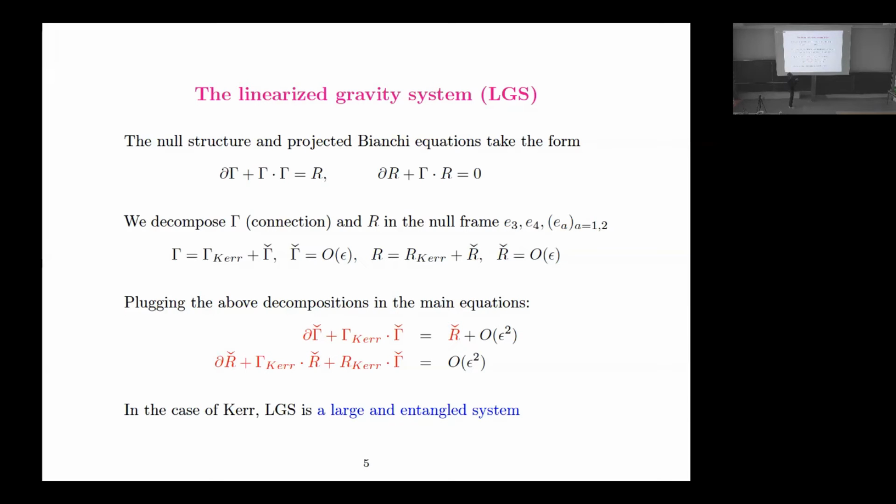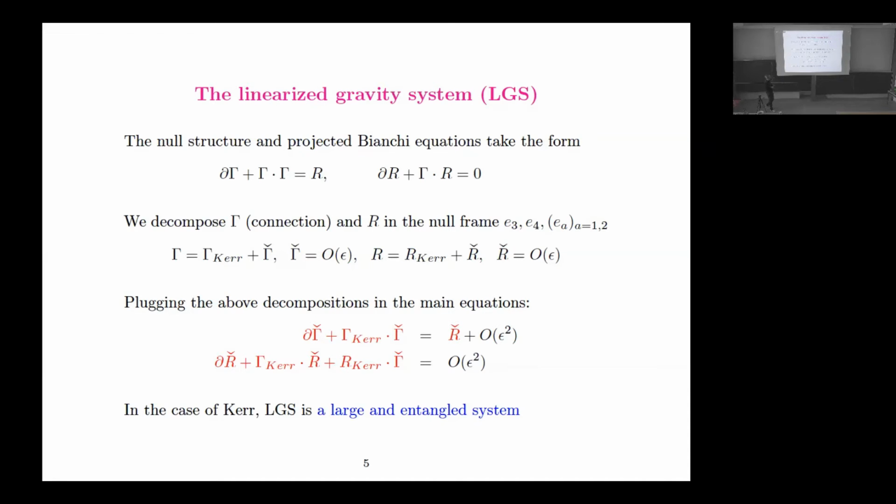You first control the equation for R check, and then plug it here and see these equations for the gamma check, so the linearized connection coefficients with the R check as a right-hand side. So in Minkowski, you get this very nice decoupling, which is heavily used in the proof of Demetrios and Sergiu and in later proofs. But here in Kerr, it turns out that the linearized system is very entangled.